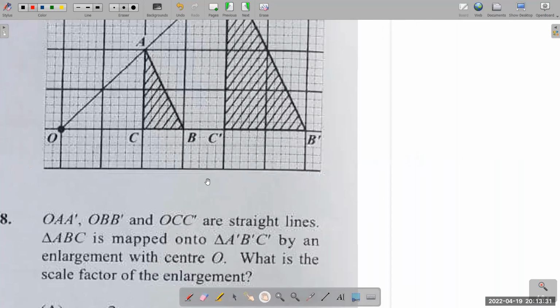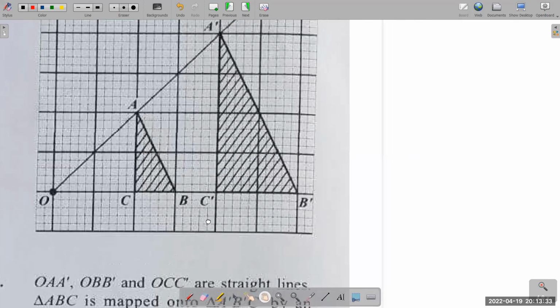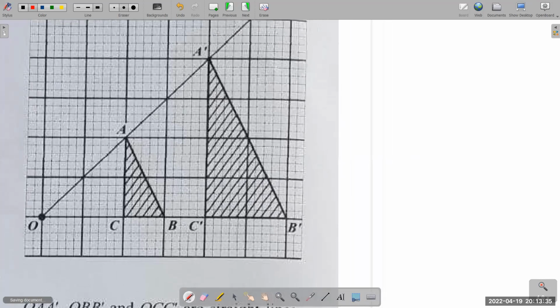Okay. Now, anybody could guess what the scale is just from the diagram? What is K or C? But it's usually K we use for the scale. What is the enlargement factor here?